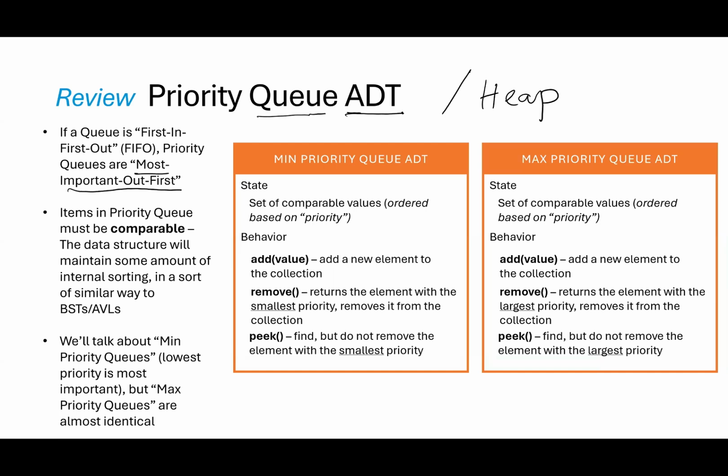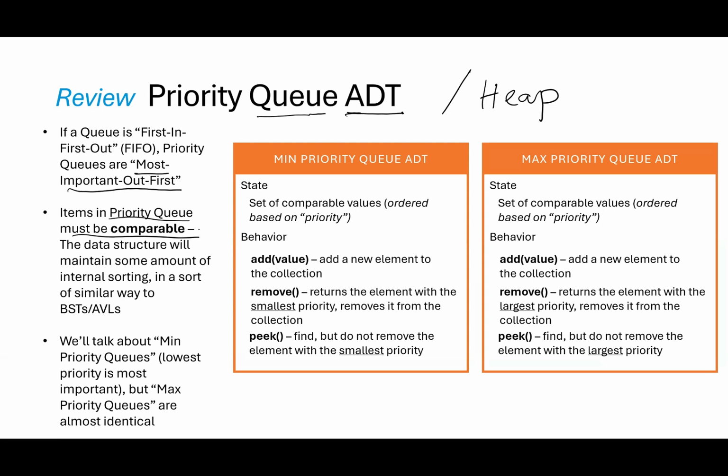So for that, how do you compare which one is the most important one? The items in the priority queue must be comparable. So the data structure will do some kind of internal sorting to compare items so that it can always keep the most important one at the top.